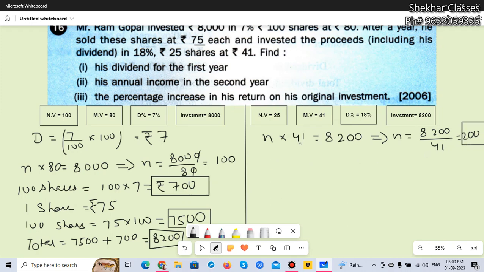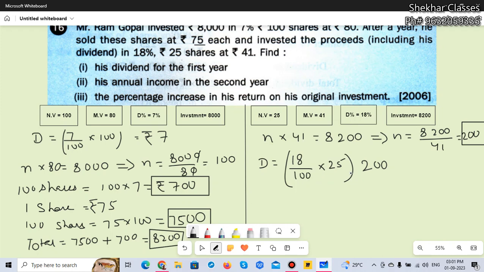Now we got the number of shares of that second company, right? So we have to calculate the dividend that he will get at the end of 1 year. So dividend here is at the rate of 18%, right? So 18% of what is the value of one share? Nominal value, that is 25 rupees. Fine. This is for one share. How many shares had he bought? 200. So for all the shares, what is the total amount of dividend?